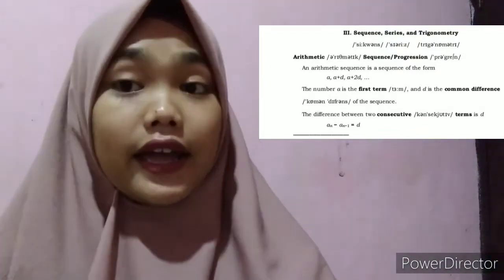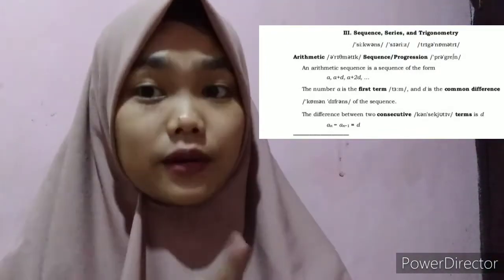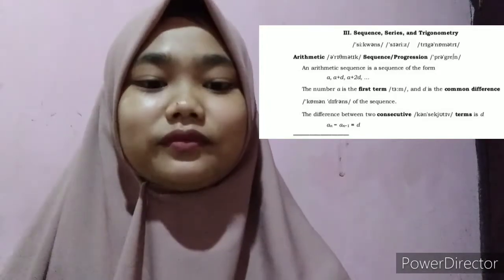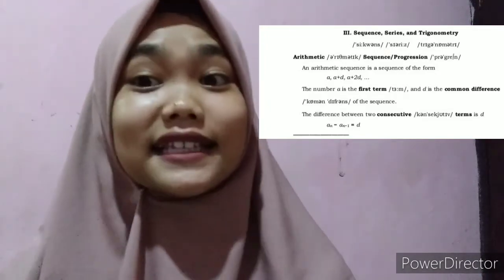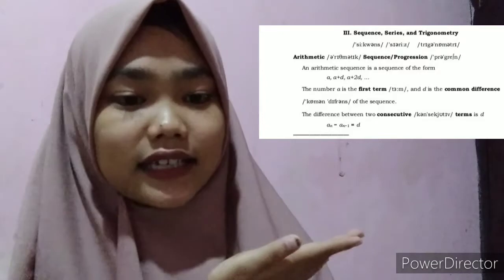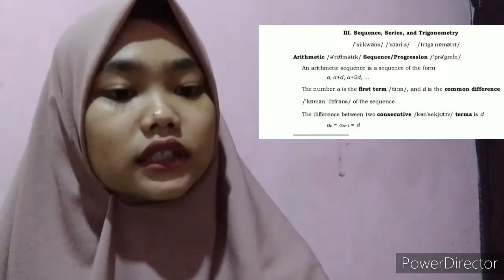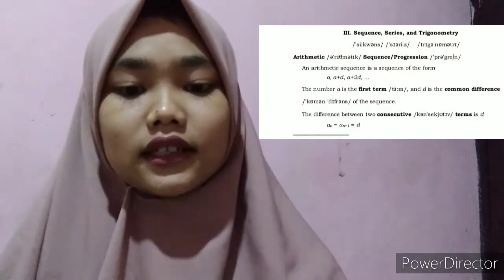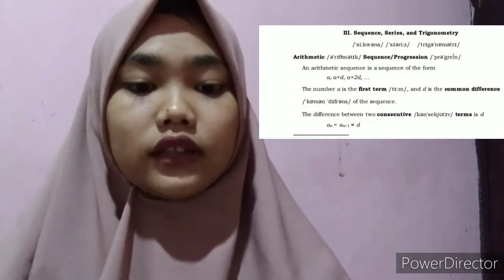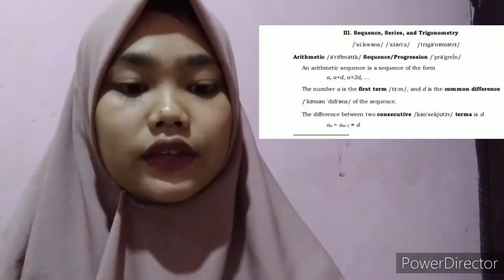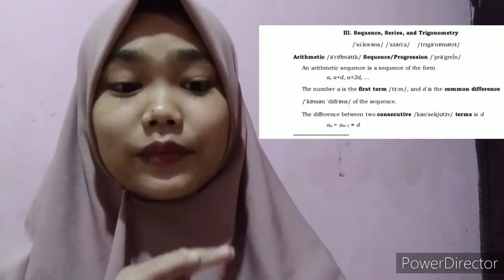The number a is the first term, and d is the common difference. The difference between two consecutive terms is d.